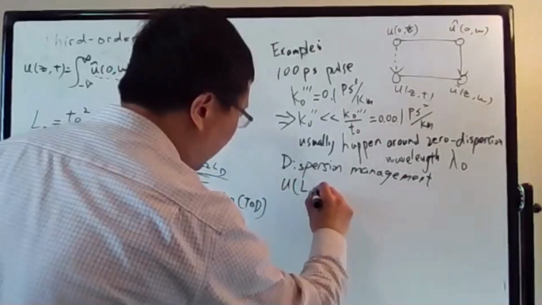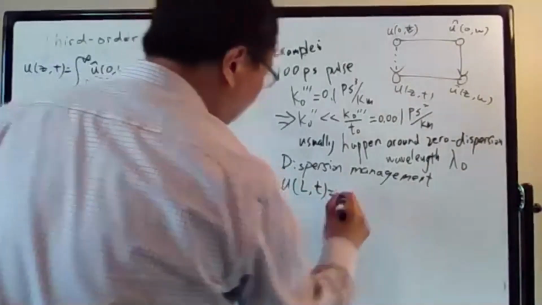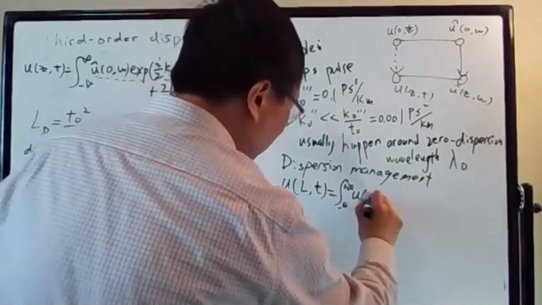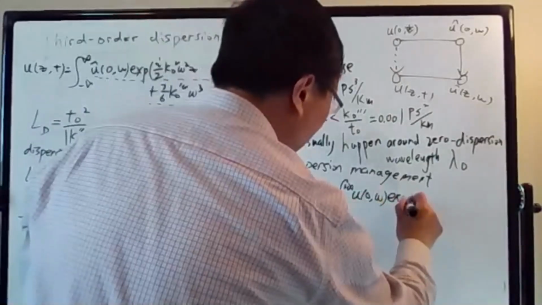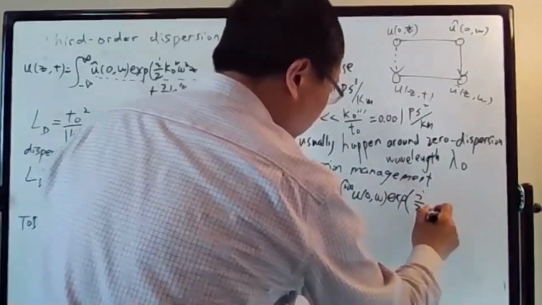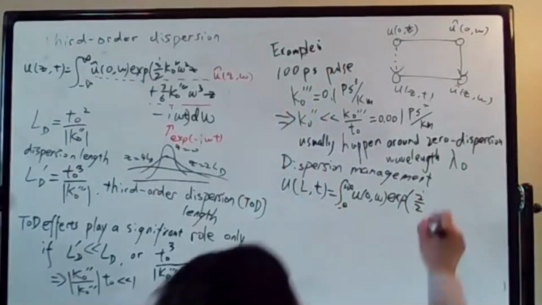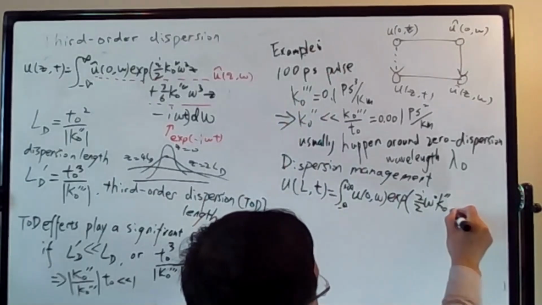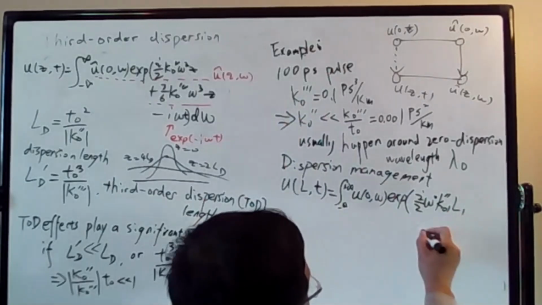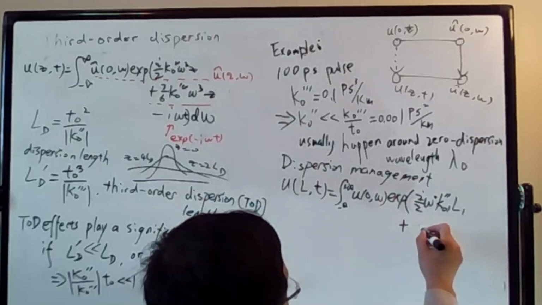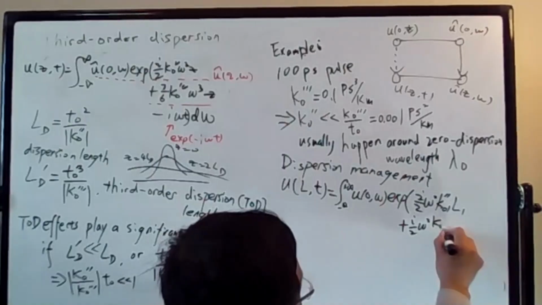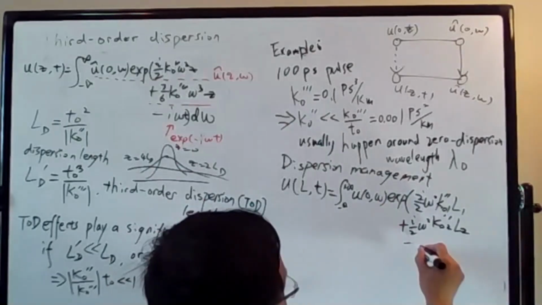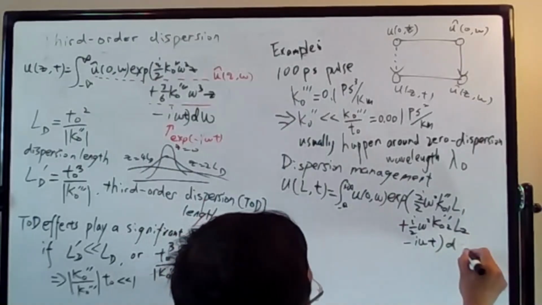For example, the pulse U(L, t) in a propagation length L is the integral from negative infinity to positive infinity of U0(omega) times exponential of i over 2 omega squared K0,1 double prime L1, plus i over 2 omega squared K0,2 double prime L2, minus i omega t, d omega.